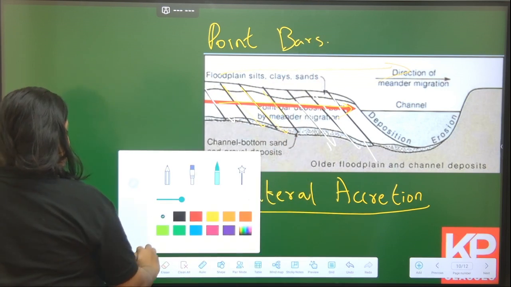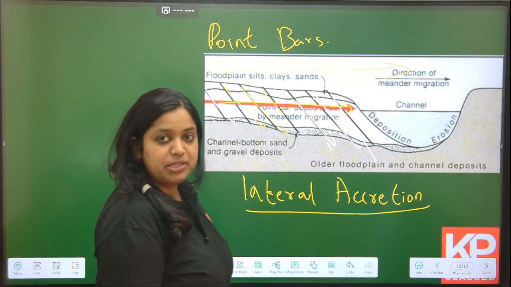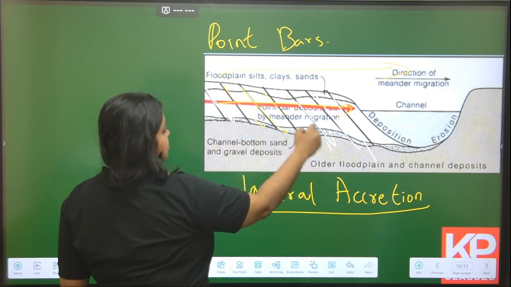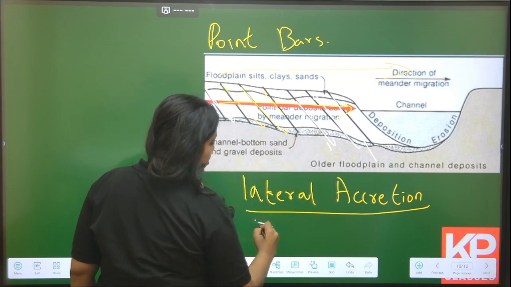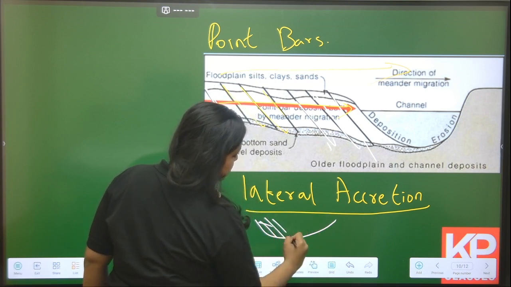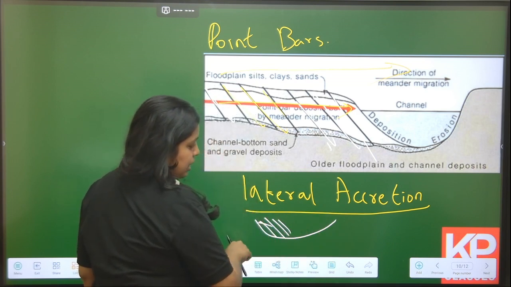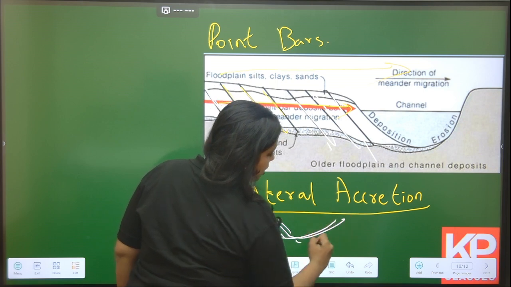So in point bars, lateral accretion of the sediments happens. From this side to this side, more and more deposition happens. Deposition always takes place in the inner bank, and the outer bank will be eroded.